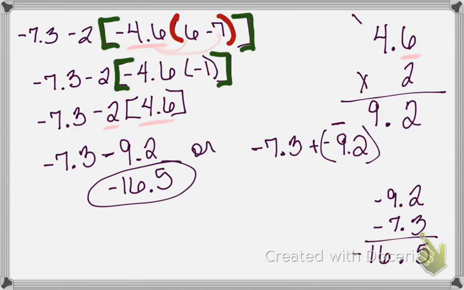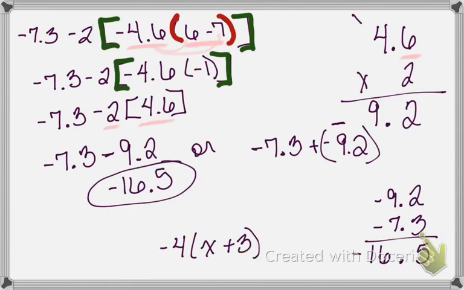The reason that you don't have to distribute this is because inside this parentheses, 6 minus 7 can be simplified. If it couldn't be simplified, then we would have to distribute. We typically distribute when we have something like x plus 3 on the inside.